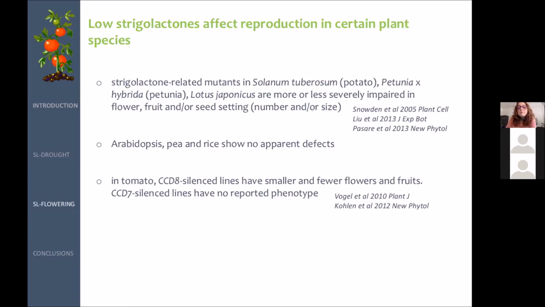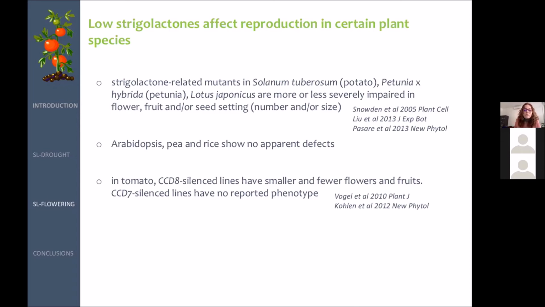And also, outside Solanaceous plants, Lotus japonicus is compromised in reproduction when strigolactones are not synthesized properly. This aspect has been overlooked so far, possibly because the main model species for strigolactones, that are Arabidopsis and rice, have no apparent effect, so they were kind of neglected.